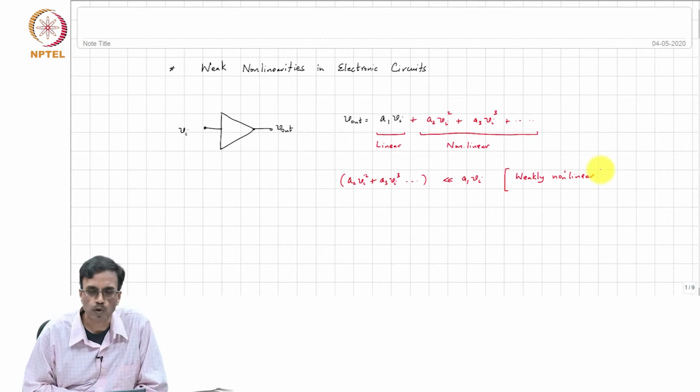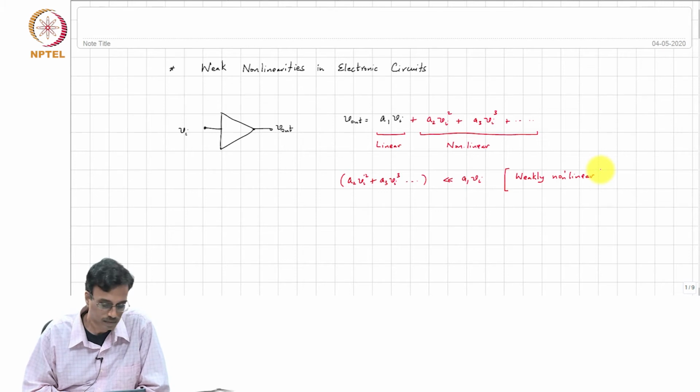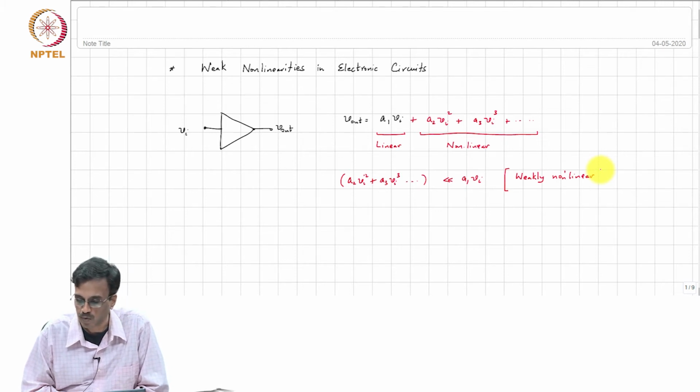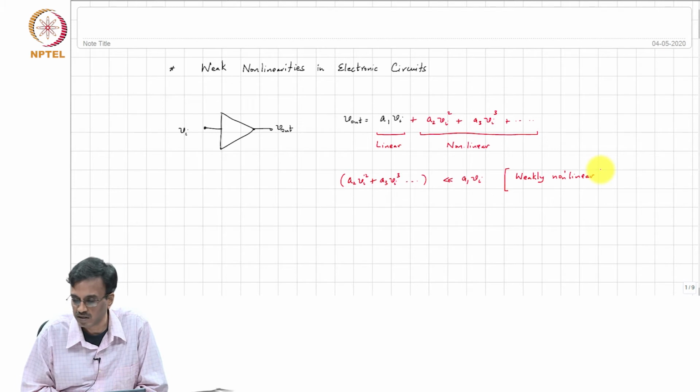And in most circuit design techniques, unless you want the circuit to be deliberately nonlinear, we will try to ensure that the strength of the nonlinear terms is very small compared to the strength of the linear term.